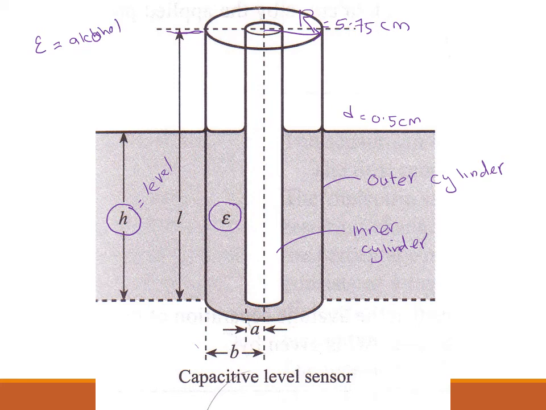If the alcohol level is like this diagram, it is a combination of epsilon 1 plus epsilon 2. If the alcohol level is at 0, it only consists of epsilon 1. Only air is in the tank.